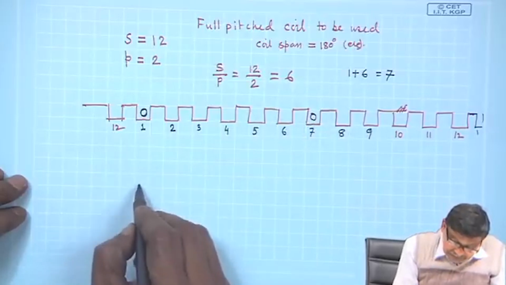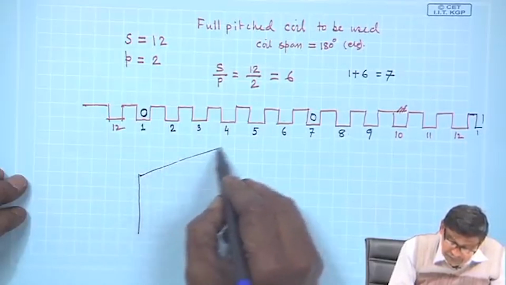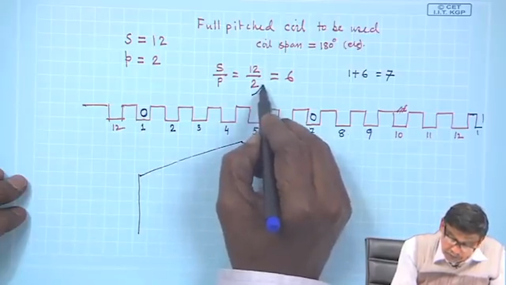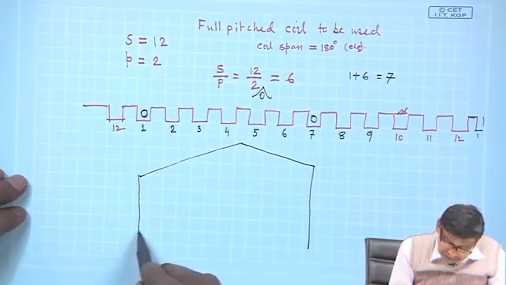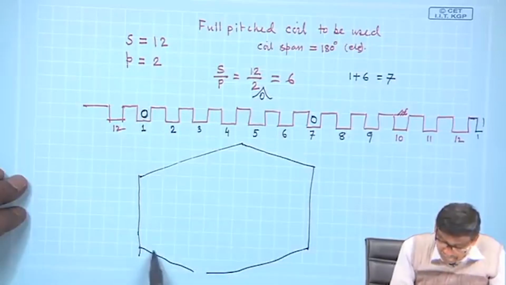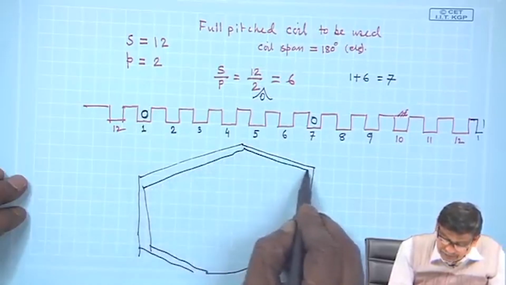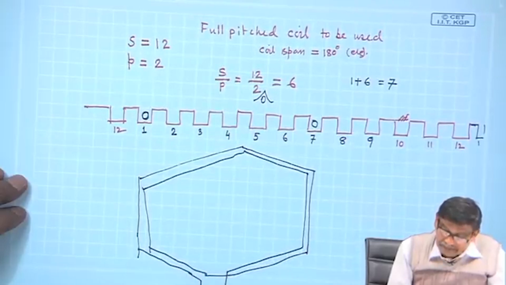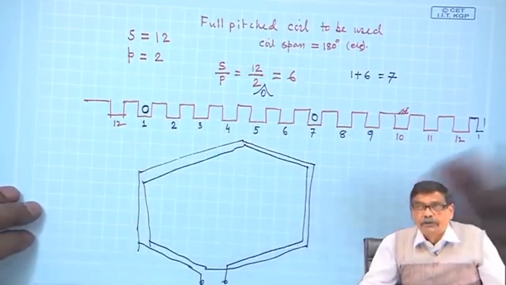That is, this full pitched coil will look like 1, it goes like this, and if you look from the top it comes out, of course, it is a multi-turn coil. Say 2 turns I am showing. This is the thing. Anyway, I stop now, we will continue with this.